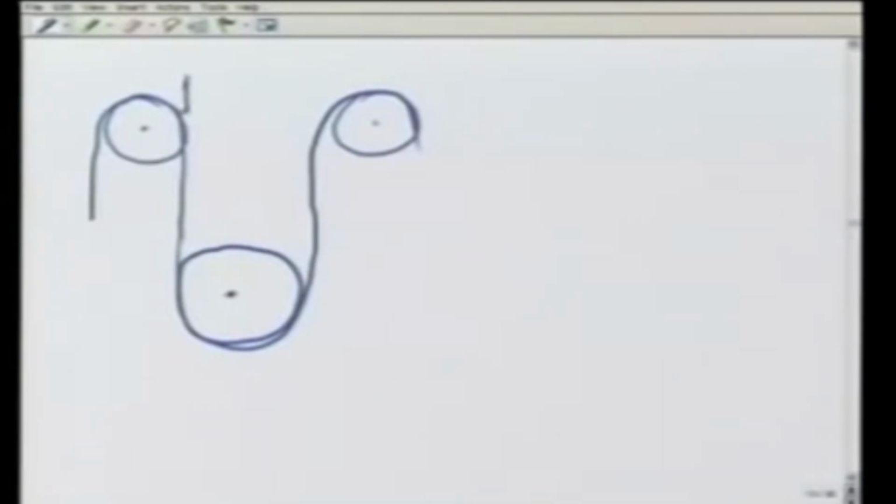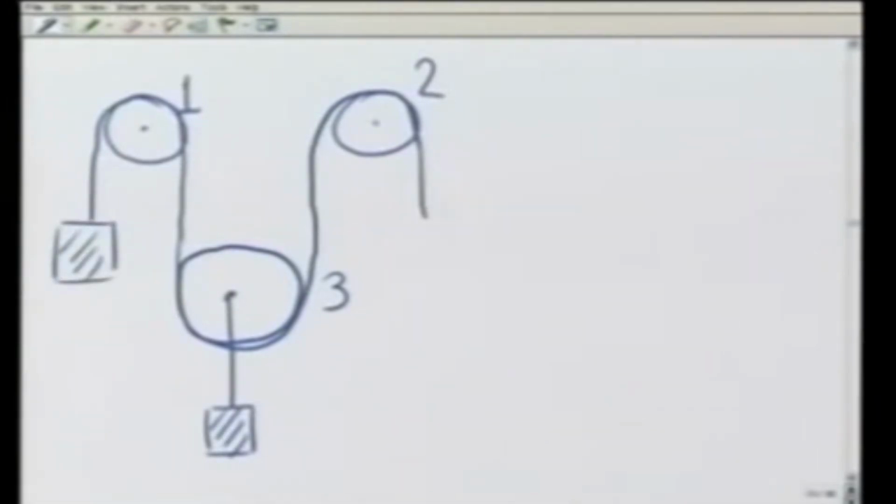So let me number them: pulley number 1, pulley number 2, which are fixed, pulley number 3, which can move up and down, and let me also attach a mass here, attach a mass here, attach a mass here.